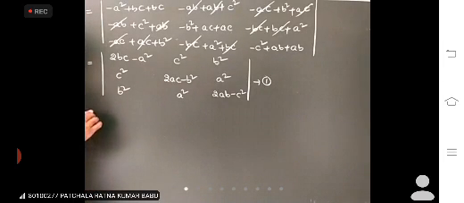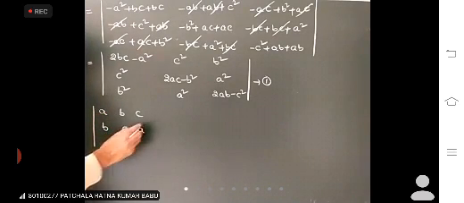That means determinant of a, b, c, b, c, a, c, a, b whole square. Write down.